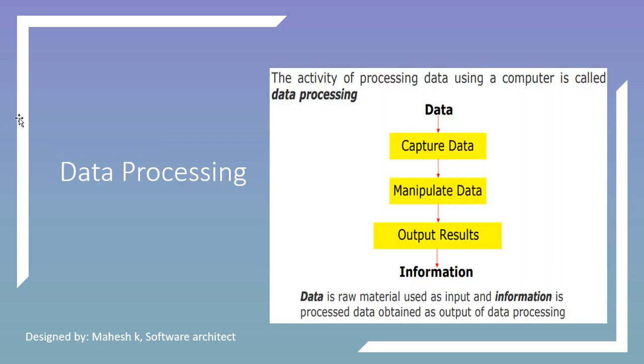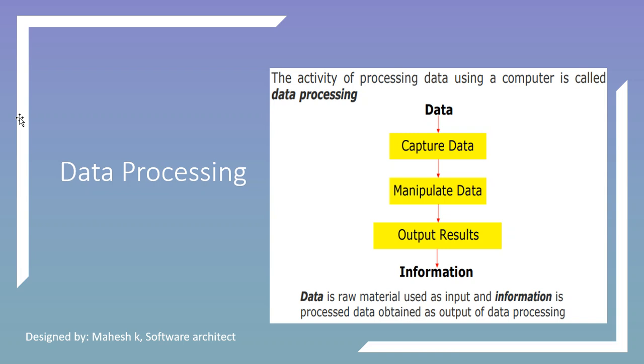Data processing. As per our previous slide, we have three types of steps inside the computer: input, process, and output. So what is data processing? The activity of processing data using a computer is called data processing. Now what is data? When the user provides any input, that is called raw data.